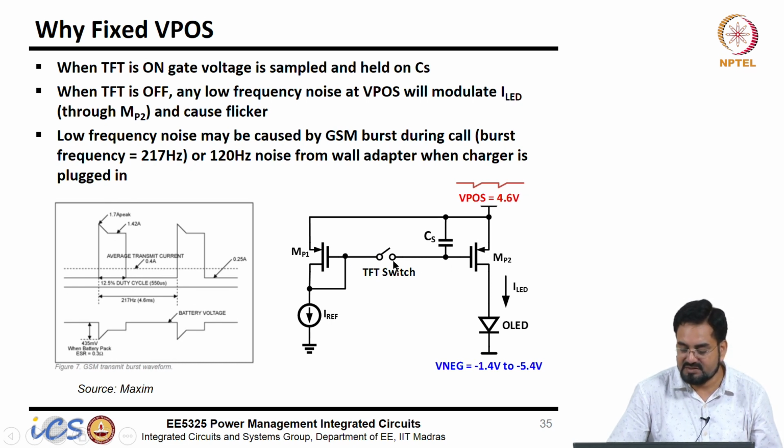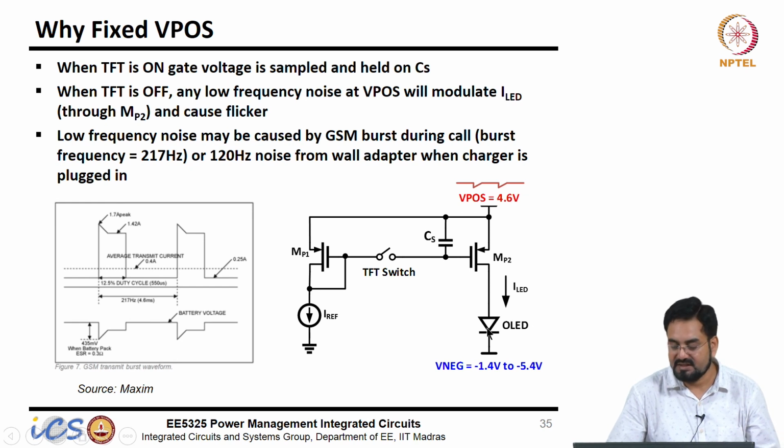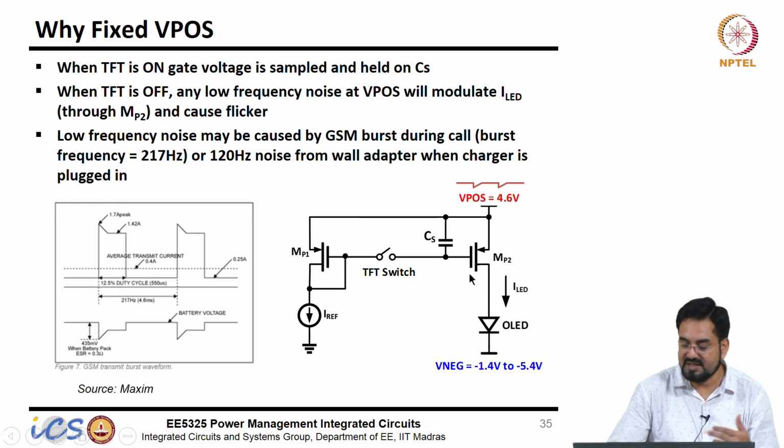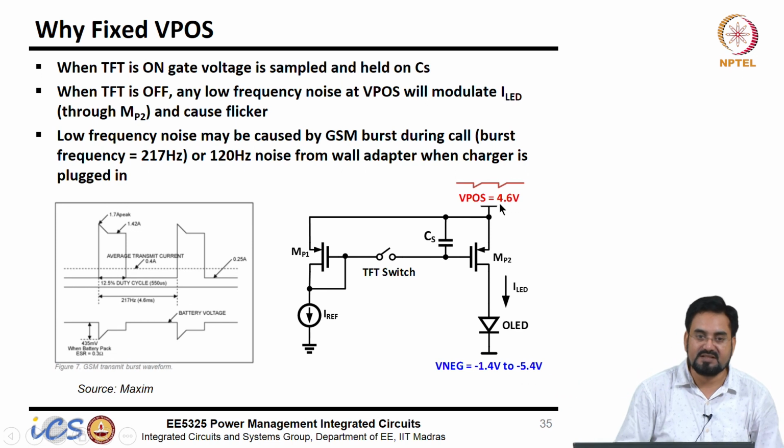But if this switch is turned on, then if this is changing and I have a constant current, this voltage, the gate voltage, will automatically change. That same thing will not happen when this switch is off. So during off time, if any change happens, it may get reflected and change this current here. If that noise is at a very low frequency which may fall into your visible frequency range, let us say 100 hertz, this may appear as a flicker to you.